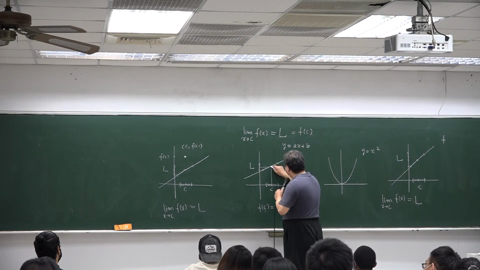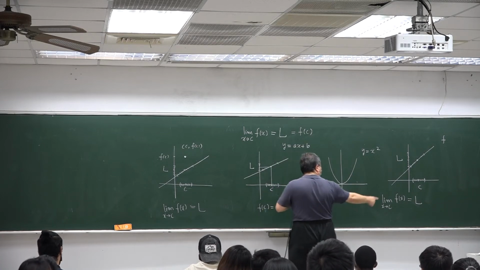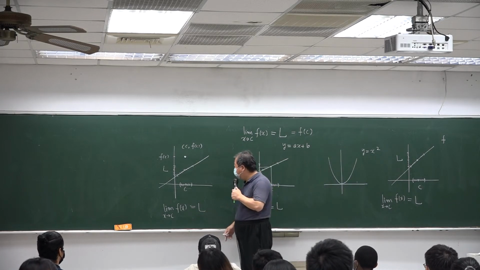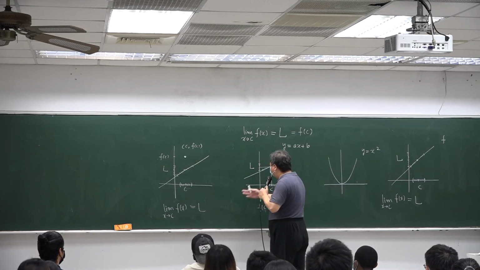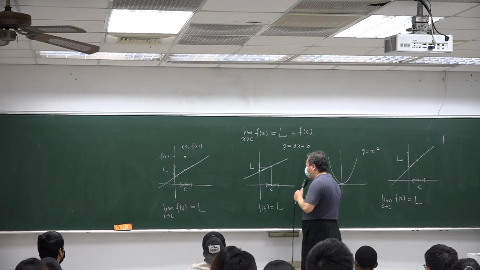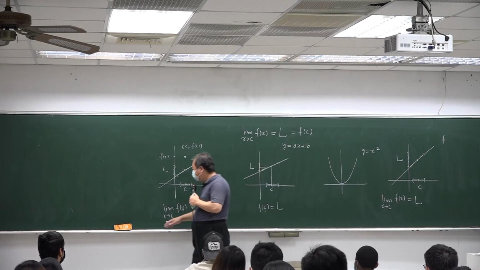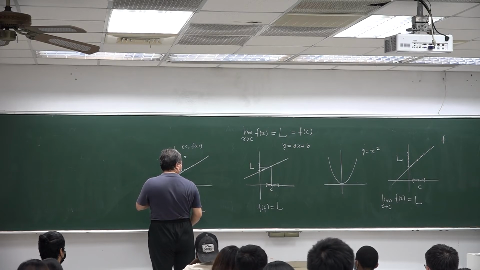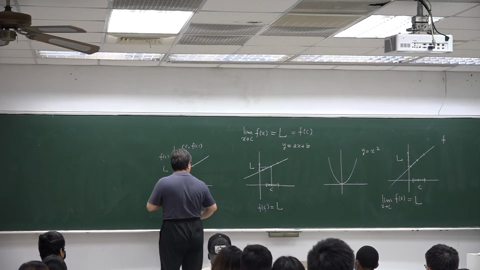Okay, so this is continuous at C. This is also discontinuous at C. These two graphs, or these three, I use the same f.